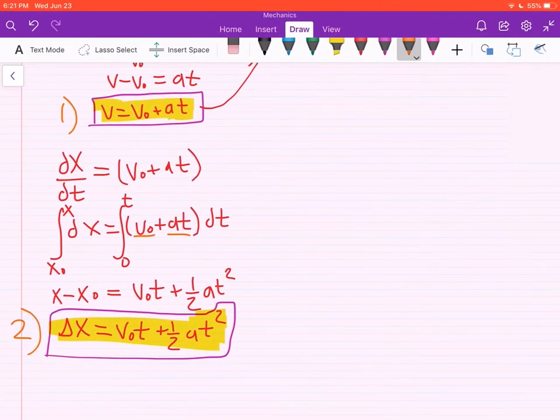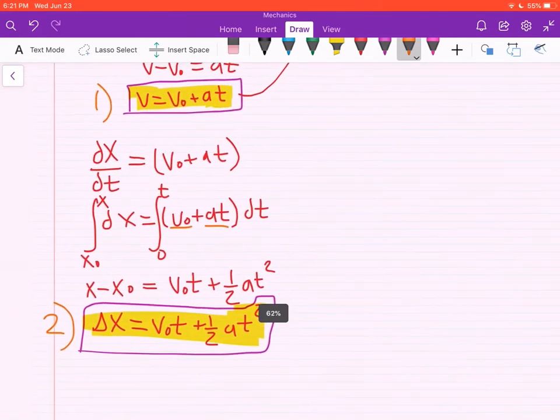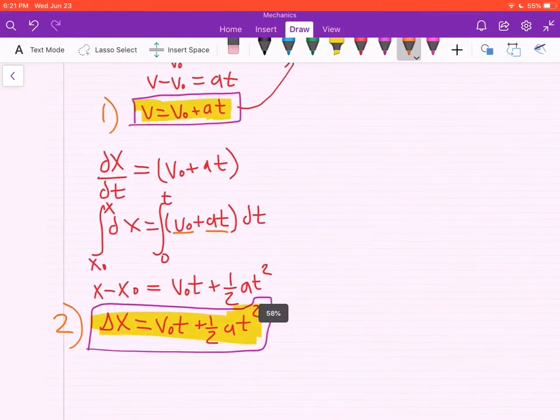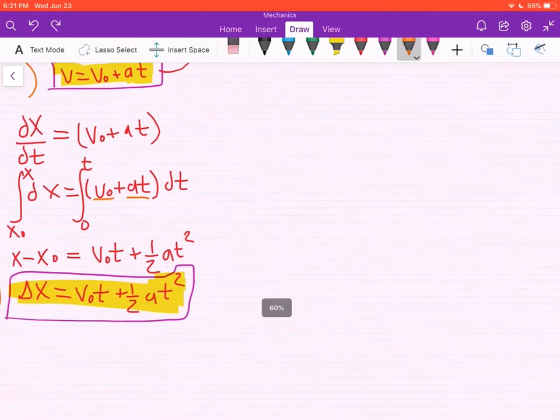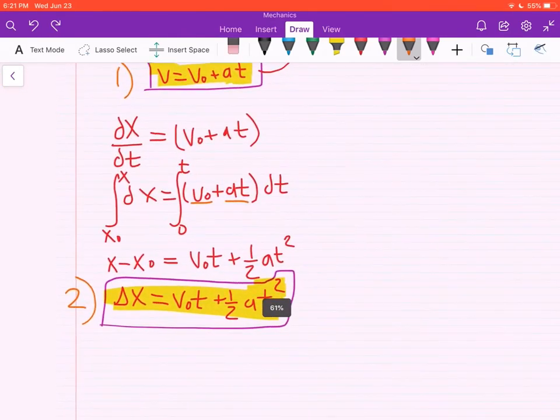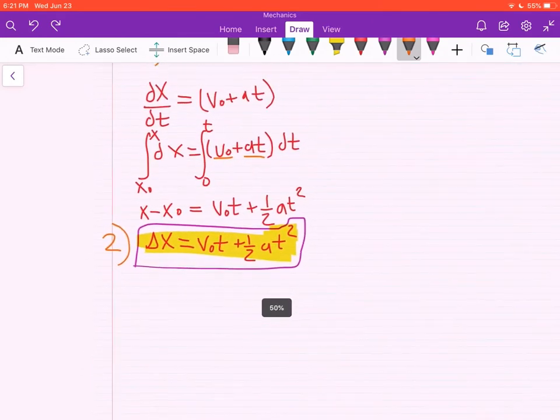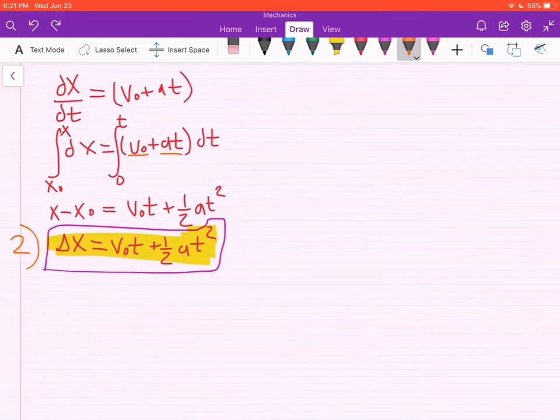So these are our first two equations of motion. And the third equation is commonly called the time-independent equation of motion. So that gives us a hint on how to approach the problem. If it's time-independent, that means we don't have time in the equation at all.